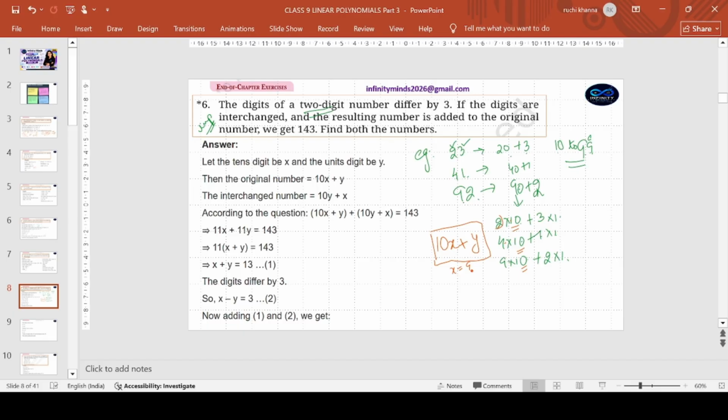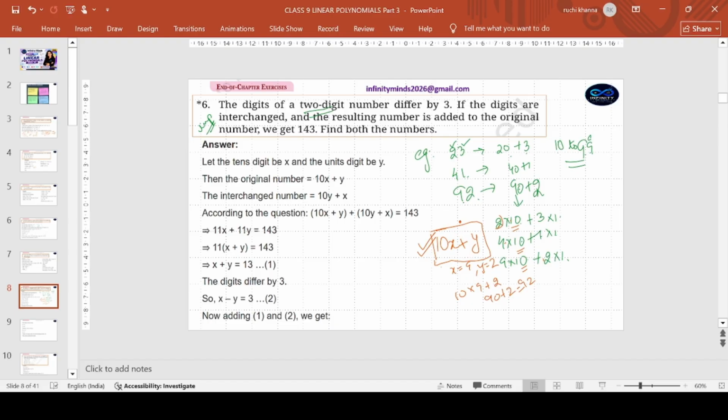If x takes the value 9 and y takes the value 2, what will you get? 10 into 9 plus 2, 90 plus 2, 92, where you started from. Getting my point? So the crux of the matter is to learn it. All this is for your understanding, not that in the test you are going to sit and write all of this.